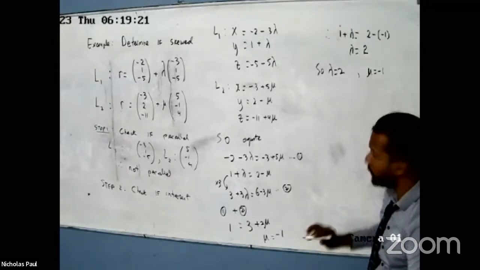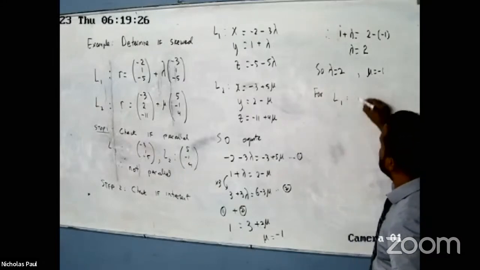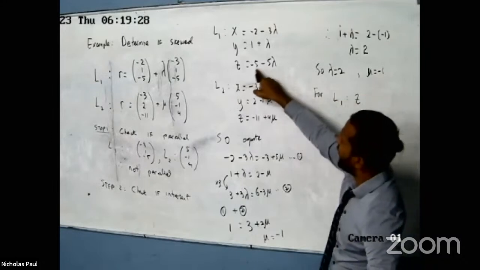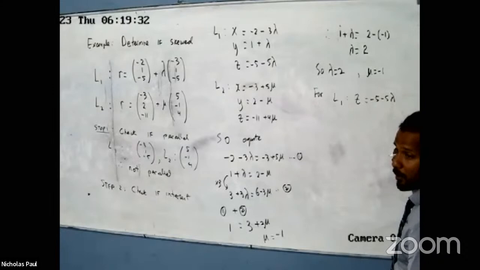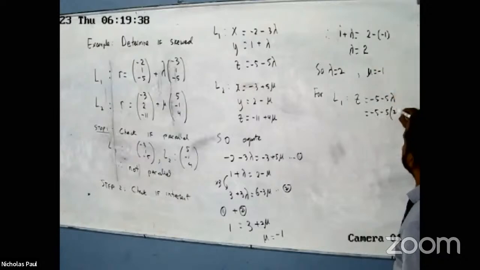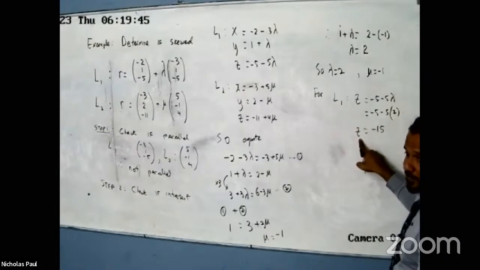Last step. So for L1, Z is equal to minus 5 minus 5 lambda. So that's minus 5 minus 5 by 2, so that's minus 5 minus 10, minus 15. So for L1, Z is minus 15.